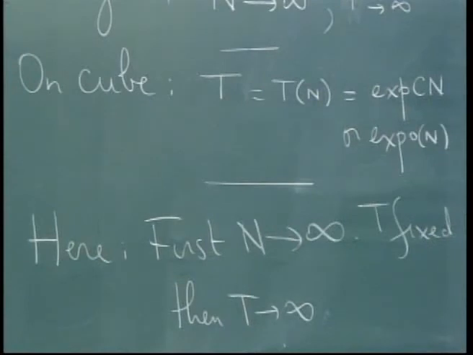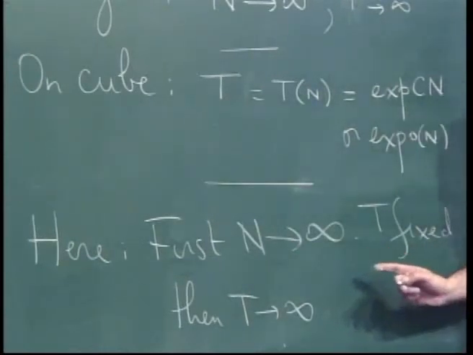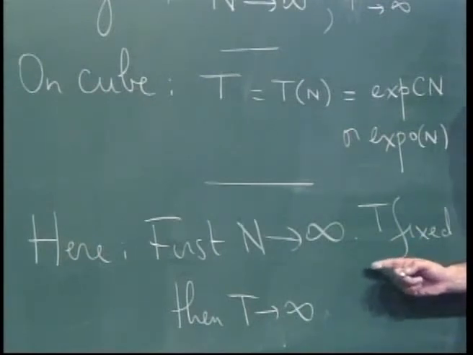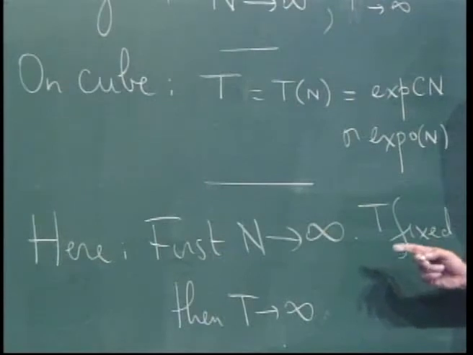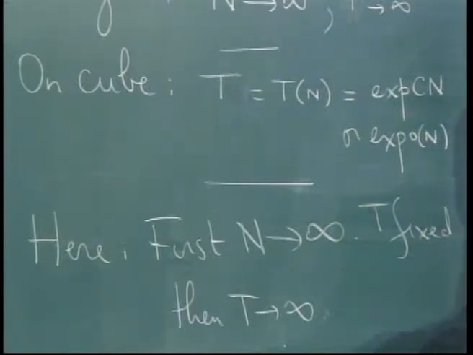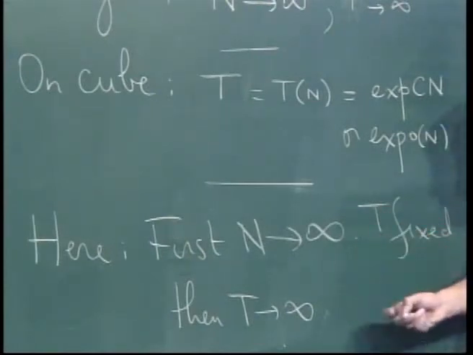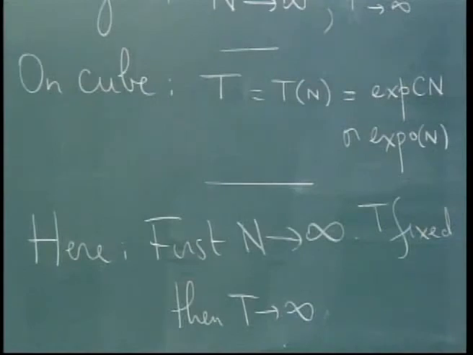If you do this, when t is fixed, when t is not a t of n, it means that as soon as you have an energy barrier that diverges with n, you'll get trapped by it. You won't be able to cross it, right? So in this time scale, there is no possibility for metastability with diverging barriers.